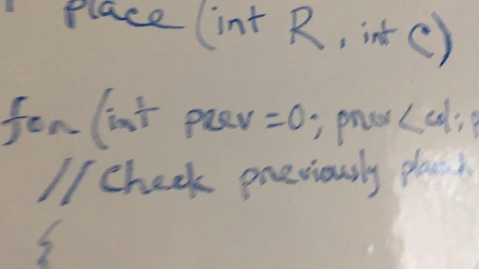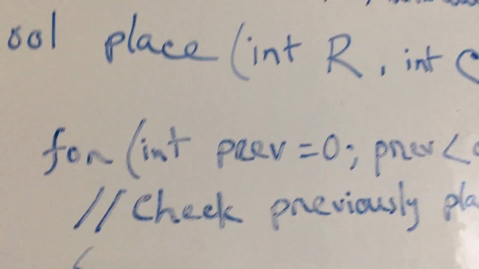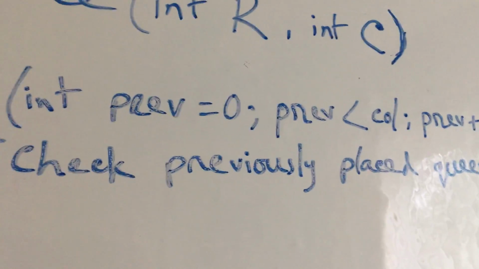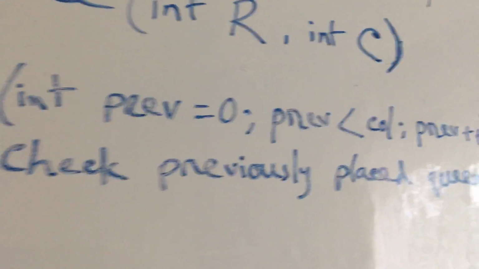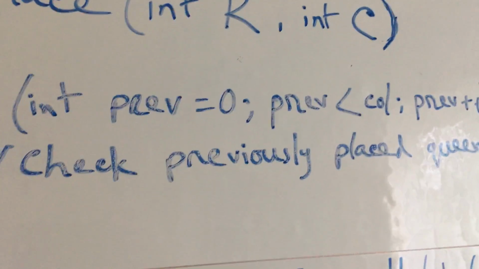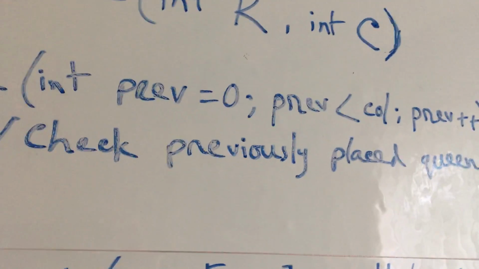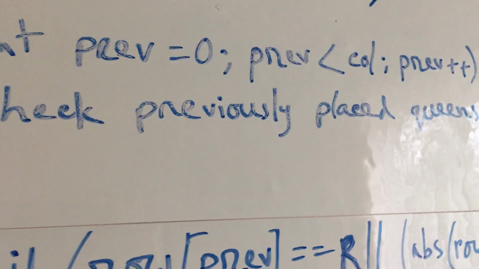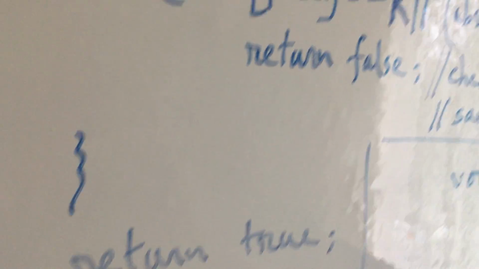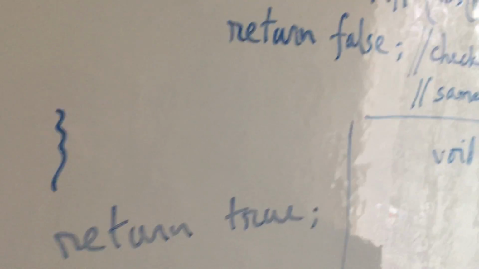So we checked all previous positions. We checked the previously placed queen against the current row arrangement, and check whether the next queen can be placed on the 8x8 chessboard.